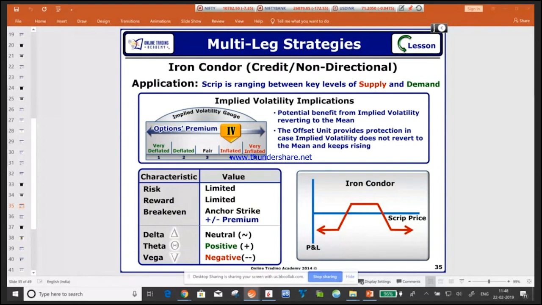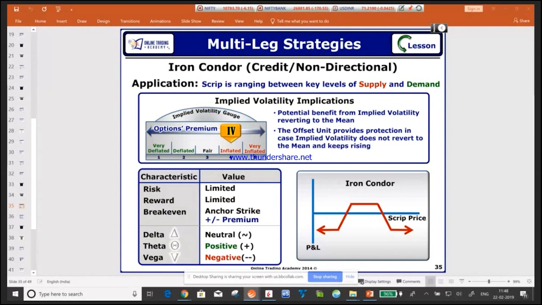One is in IV section 4, the other one, you just add an offset. So from unlimited risk on either side, you change it to limited risk on either side, isn't it? And the best part is you can do this in both section 4 and section 5. Naked options, since they involve unlimited risk, you don't want to do those things. These are the better ones.